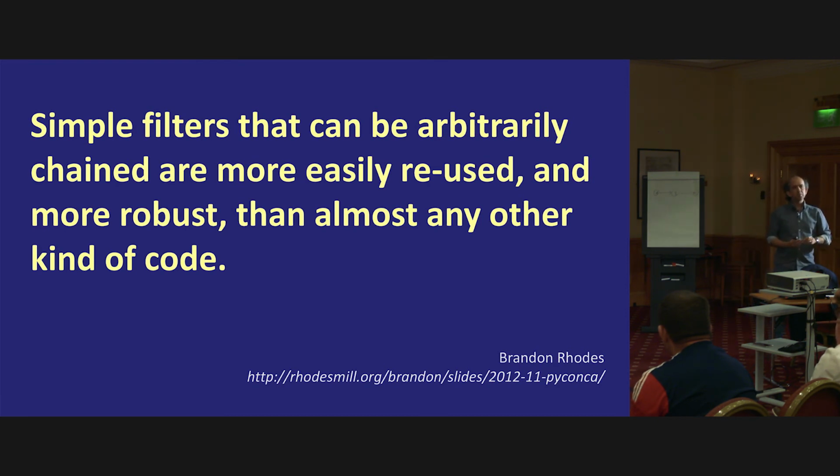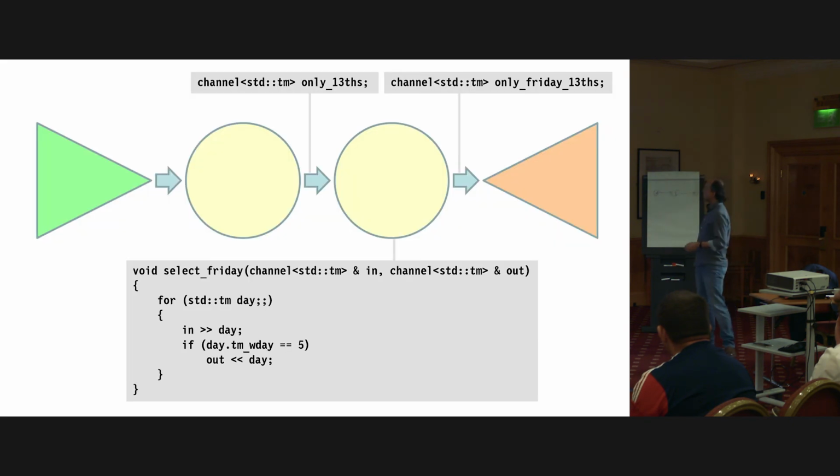And there's a very deep truth to this idea of, does my problem look like a data flow problem? Can I rethink it into that? Sometimes you have to torture it a little bit, like the Friday the 13th one. But actually, you'd be surprised how many things look like a pipeline or can be made to look like a pipeline. And the value of that is that each component of that pipeline is easy to read and reason about and easy to test. Each one of those little elements can be tested completely in isolation from the other.